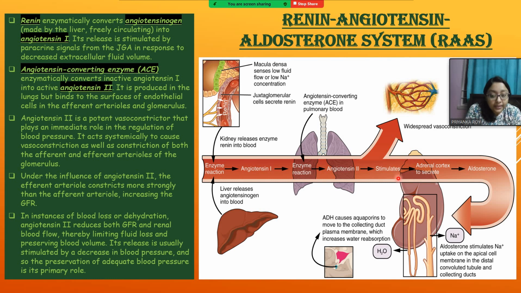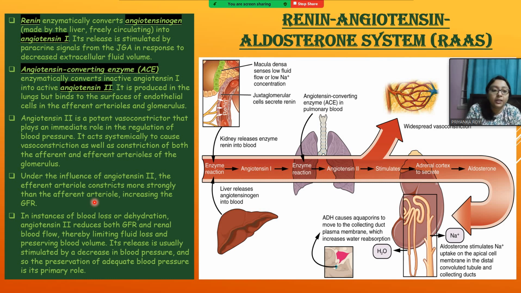The efferent arteriole will be constricted more strongly than the afferent arteriole, therefore increasing the GFR. So more blood will go inside the glomerulus, but less blood will be coming out from the glomerulus. The filtration rate will obviously increase because the blood will be present in the glomerulus for a longer period of time, and therefore it will get filtered more extensively.